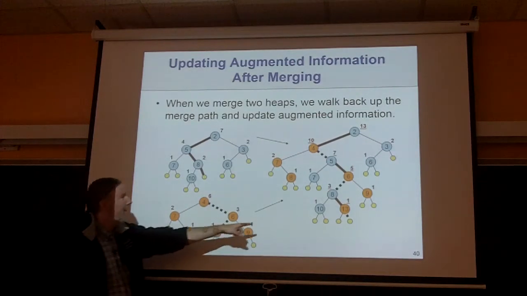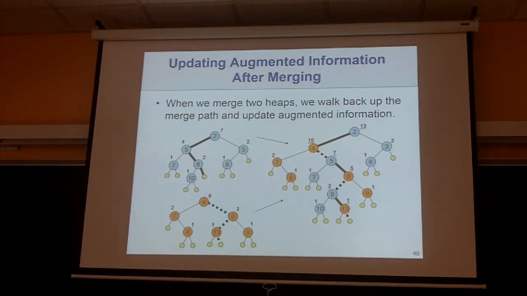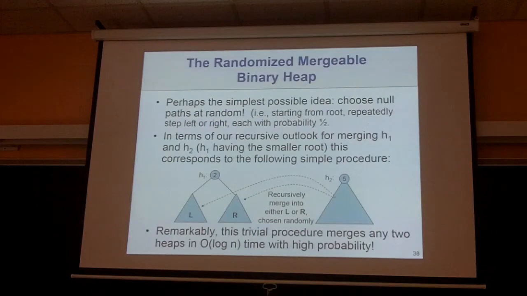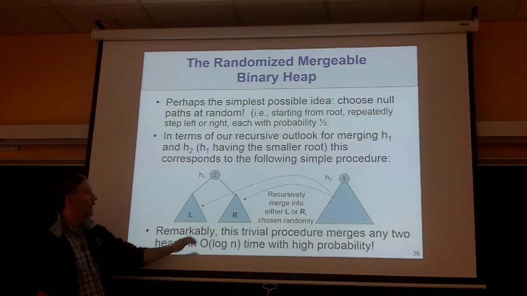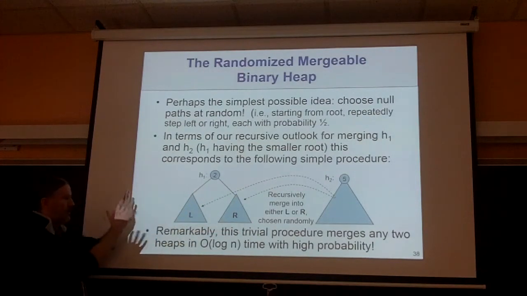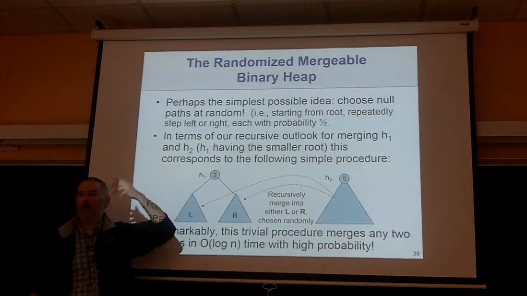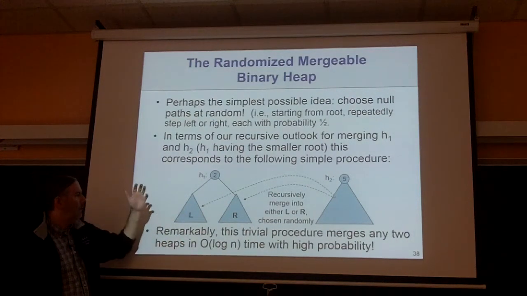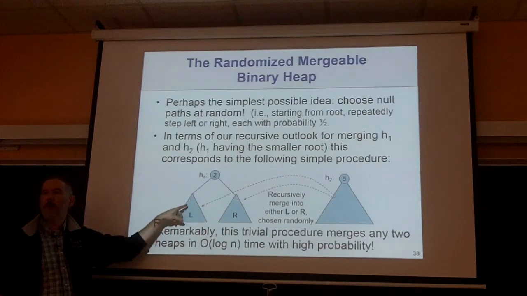In fact, this is even cleaner in the recursive viewpoint, right? If you think about merging things recursively, now imagine that I want to change the recursive picture here to work with size augmentation. So every single node has a little augmented value on it that's the subtree size. So where does that show up in this recursive picture? Well, I have to choose between my left and my right subtree to recursively merge with.